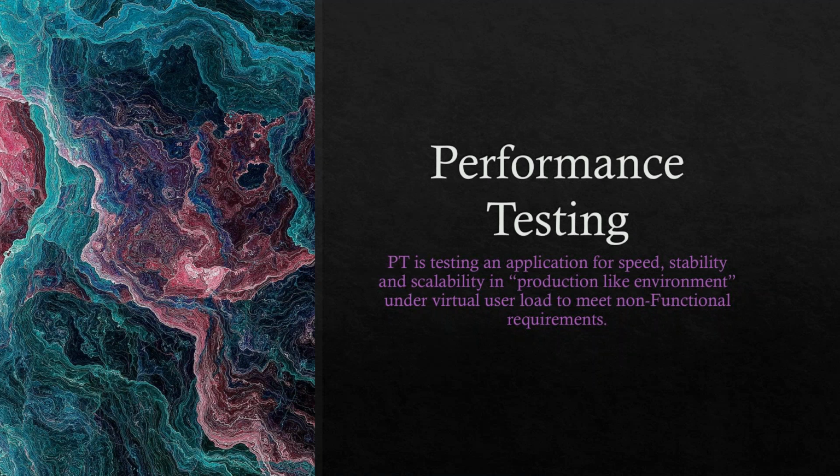But if you look at all these terminologies separately, like speed, stability, scalability, the production-like environment, or the non-functional requirements, and understand them separately, then it will be easy for you to understand the overall definition as well, right? So let's look into these terminologies separately. What is speed, stability, and scalability?